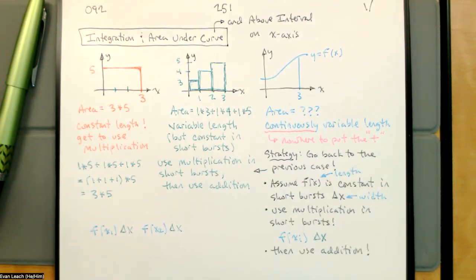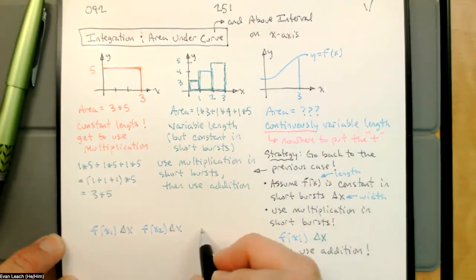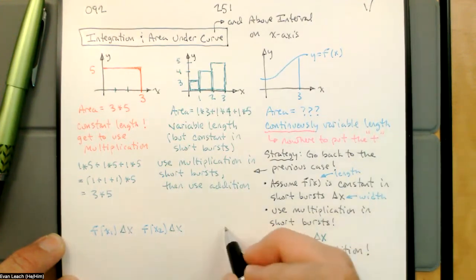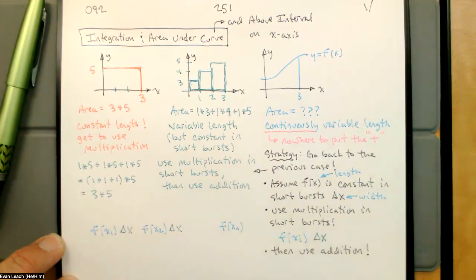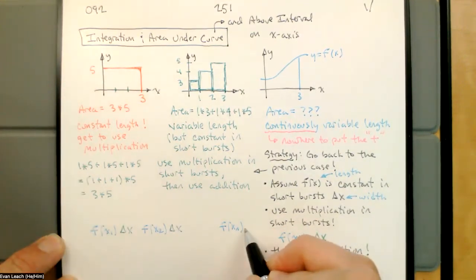Let's say n. When we don't know how many, we just say n rectangles. So the way we note that is plus dot dot dot plus f at xn times delta x.